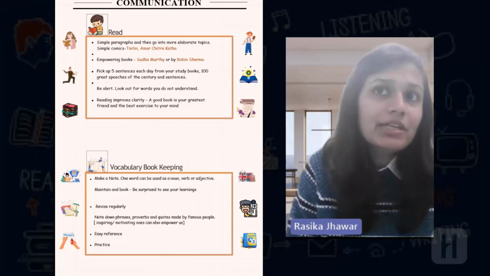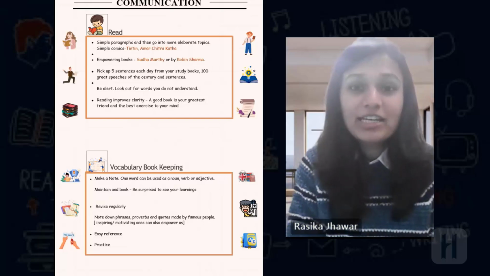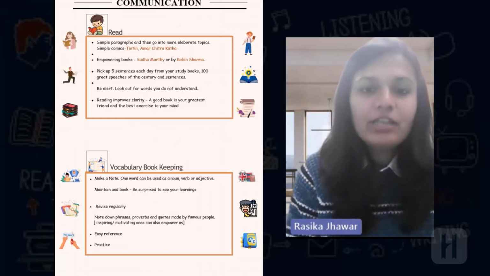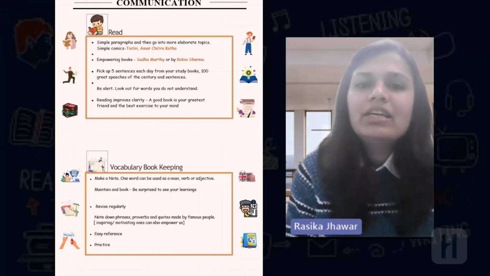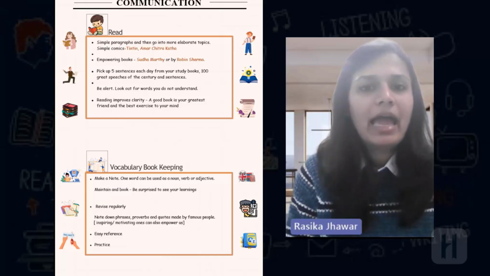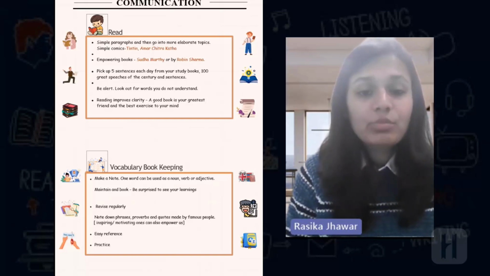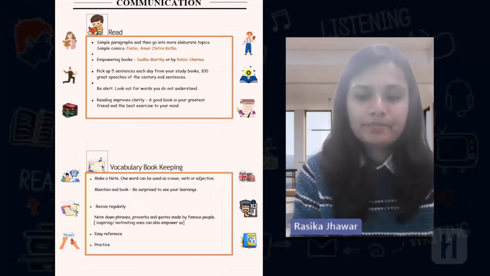Okay, you will be surprised when you look back at your vocabulary book that, oh my God, I've already learned many words and phrases. So not only do you maintain that, you also revise it regularly, and it'll become a very easy referencer, because any day, anytime you have even say 5-10 minutes, you can just glance at the book and you will keep having words going through your mind.